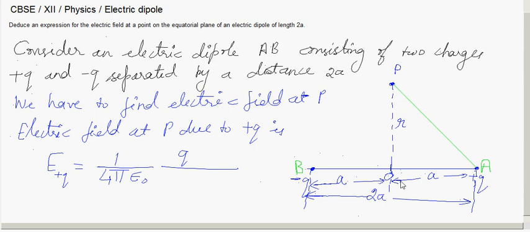From triangle OAP, the length AP is the square root of r square plus a square.